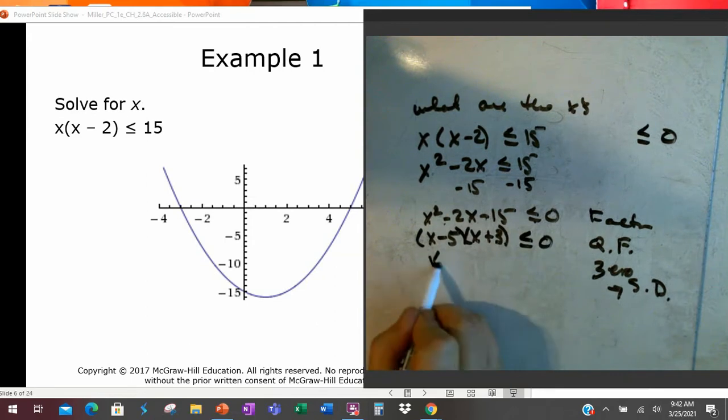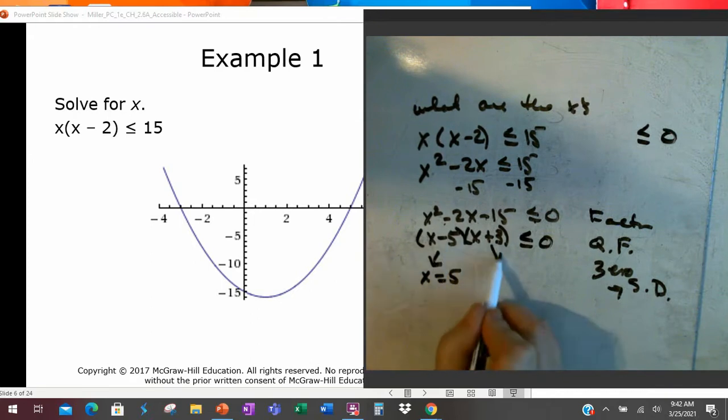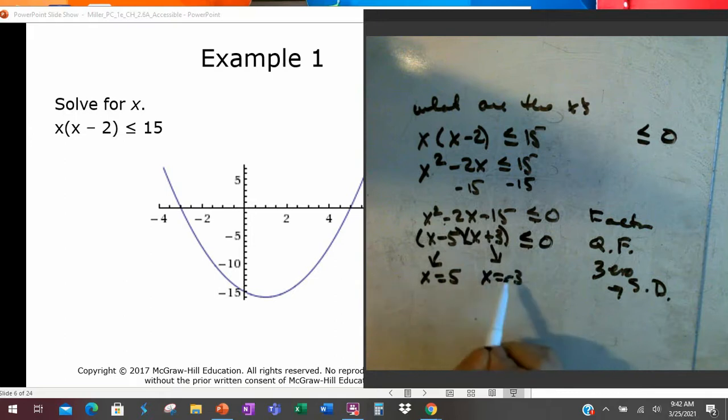My 2 zeros, I'm going to include: x minus 5 is equal to 0, so x is equal to 5. X plus 3 is equal to 0 at x equal to negative 3. So we're going to include these endpoints. If I draw a quick line here, I can do this just with this.